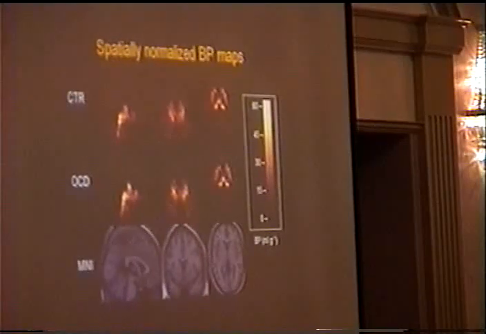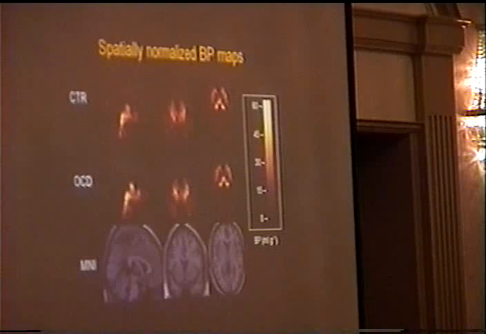Again, these are the exact same slices I just showed you, but now this is the specific binding with this tracer. And from way back here, it's hard to tell, but what you're seeing is the really bright places are binding in the caudate putamen and also the raphe nucleus, which is where the serotonin cells are made in the brain. What you can see is, look at how black it is up in the cortex, right? Meaning no binding.